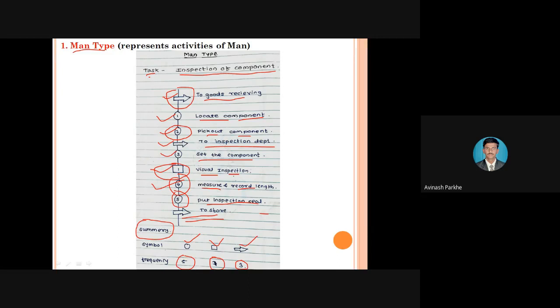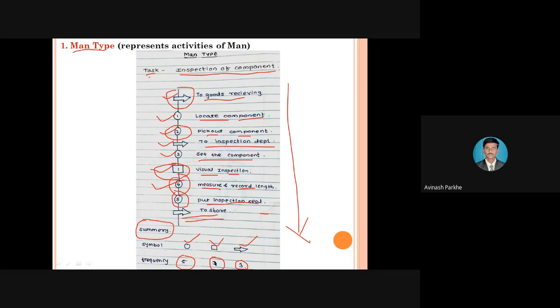So whatever number of symbols are represented in the vertical direction, all those movements are applicable only to the man. Not a single movement is related to the material or the product, or to the machine or the equipment.